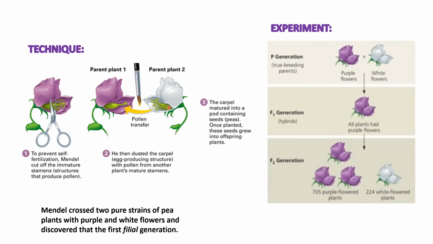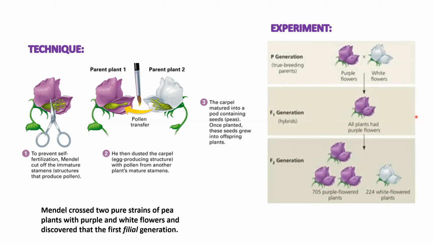And then he would grab a paintbrush, pick up the pollen from this white-producing flower, and stimulate the carpel of this purple-producing flower. And when he did that, he saw that all the plants had purple flowers. So in the F1 generation, all the plants had purple flowers.